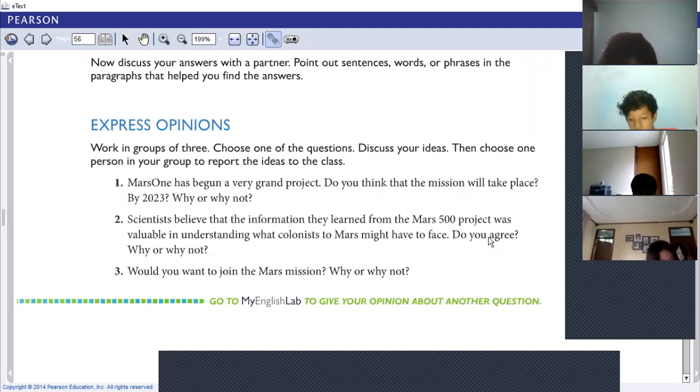Yes, Miss. Yeah, why does it help? Remember to use AREL, yeah? Assertion, reason, example, and linking, like PEEL, point, explanation, example, and link. Why do you think that is important? Why do you agree?